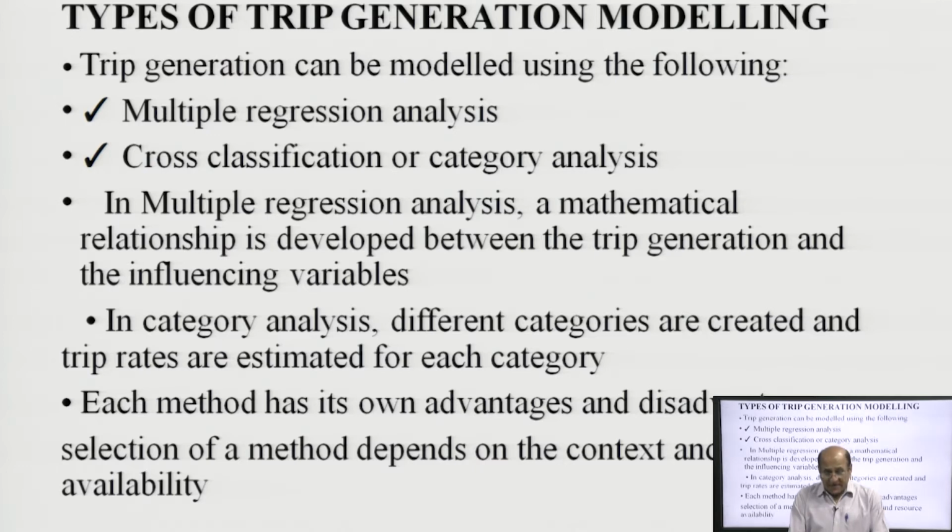So, the trip generation can be modeled using the following. One is called multiple regression analysis, and second is cross classification, or sometimes it is called category analysis. In multiple regression analysis, a mathematical relationship is developed between the trip generation and the influencing variables.